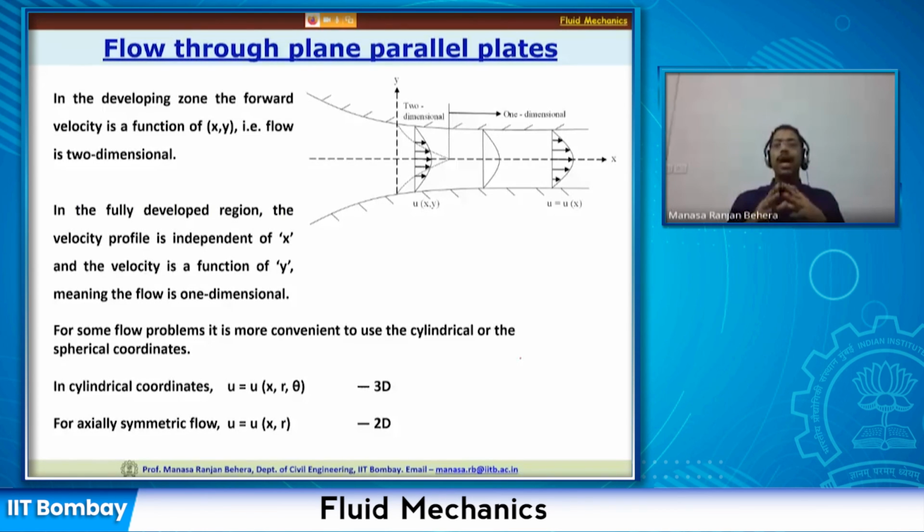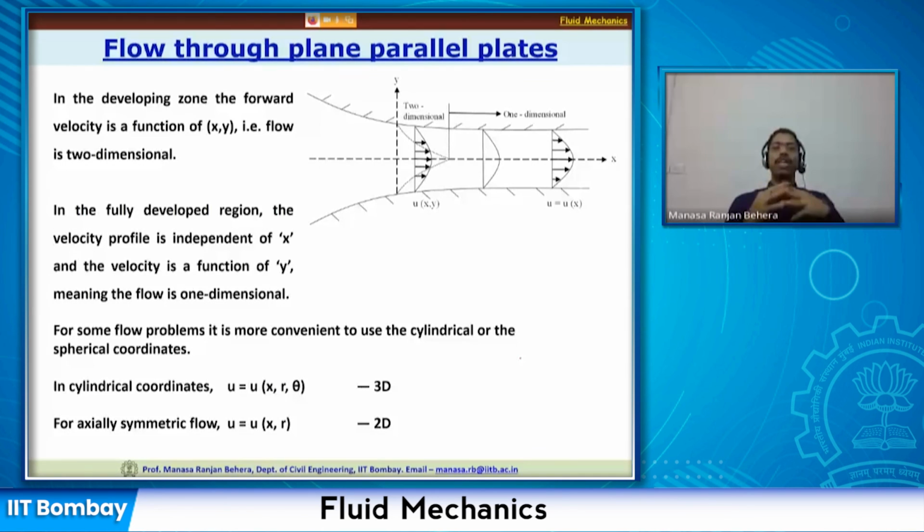And if at some point there is no more change in the profile and the velocity remains the same, then obviously the velocity is not going to change in the x direction, it is only going to change in the y direction. So it is a function of y only. So then we have the problem in 1D. So depending on the problem statement, you can define whether you take 1D or 2D or 3D and analyze.